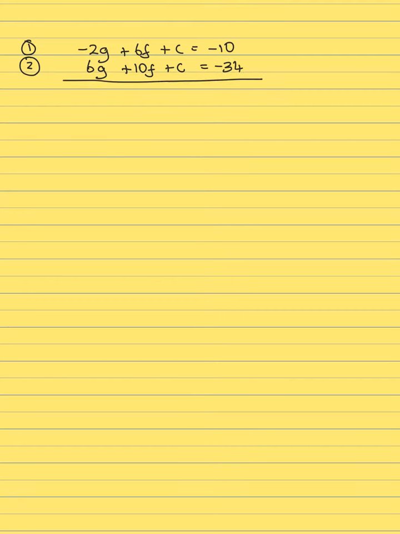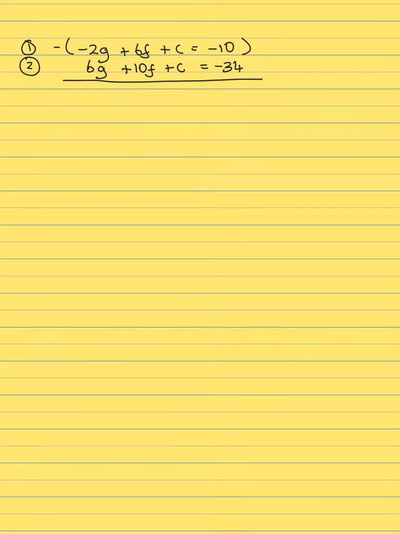So we can write down our first equation, which was -2g + 6f + c = -10, and our second equation, which was 6g + 10f + c = -34, and all we have to do is subtract one of those, so subtract the top one is easier.